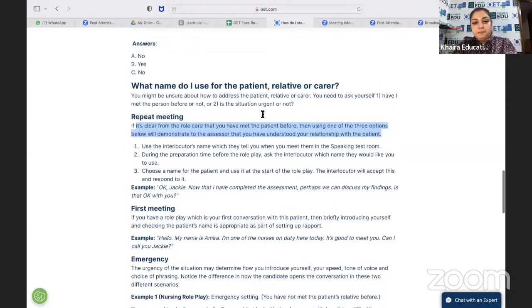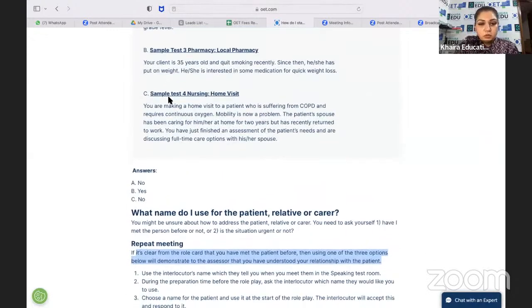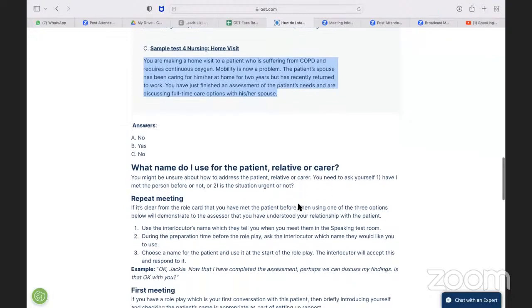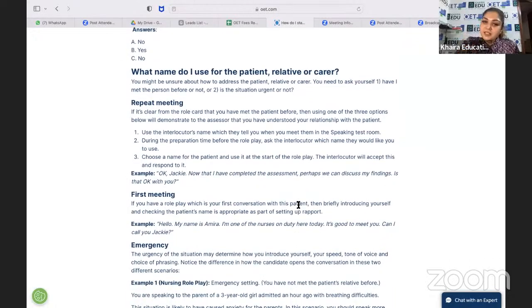So let's come back to this example here. In this, the introductions would have happened before the assessment. In this case, when you start the role play, would you ask the patient's or the spouse's name? No, you wouldn't, right? So in this kind of role play, you have 3 choices.